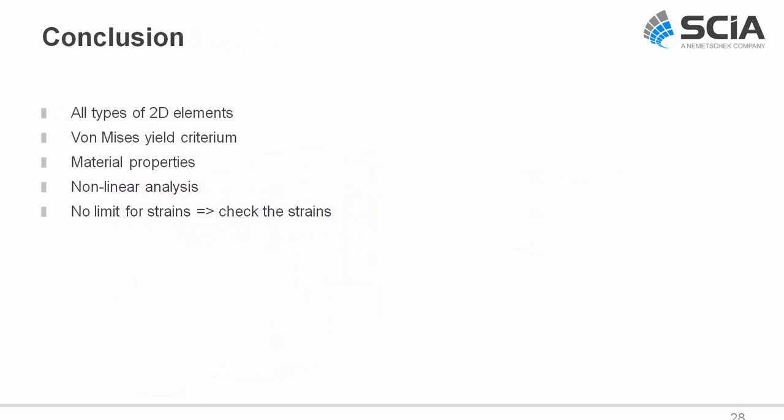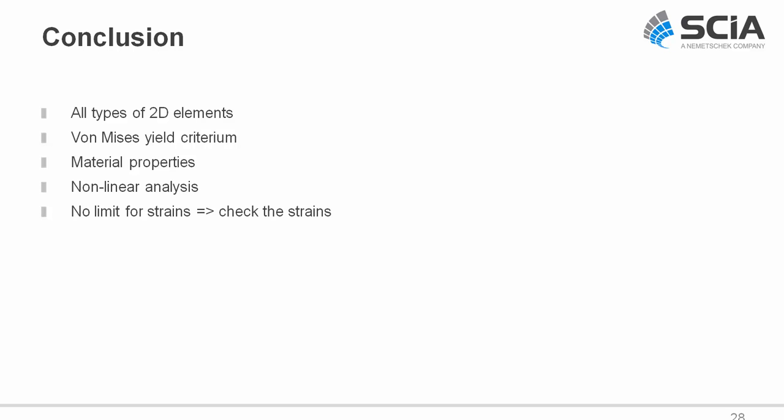Okay, so the final conclusion for this webinar. First of all, this functionality, general plasticity, can be used for all types of 2D elements in SCIA Engineer. So it is possible to use it for walls, plates, shells, and so on. The implemented yield criterion so far is the von Mises yield criterion.